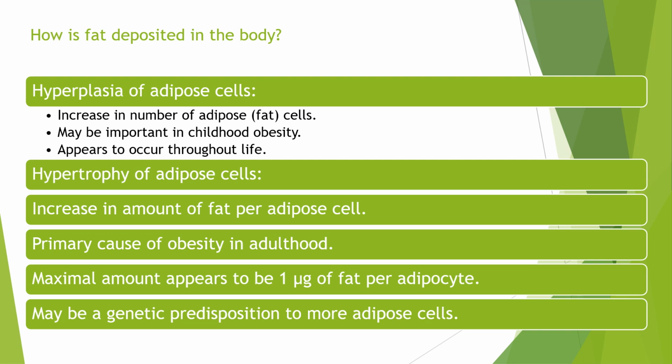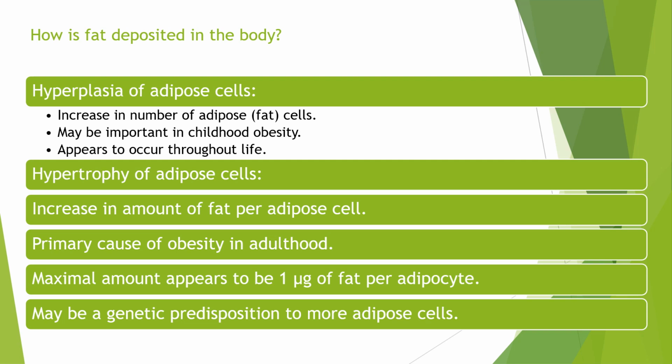And that's really important in childhood obesity. Hyperplasia is particularly significant during childhood, contributing to the development of obesity if excess fat cells are formed early in life. And while most hyperplasia happens in childhood, it can continue to occur throughout life, especially when existing fat cells reach their capacity.